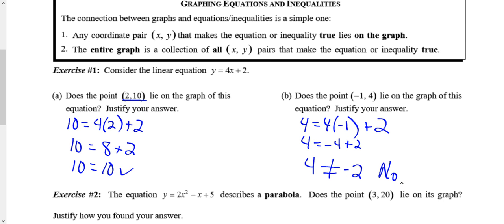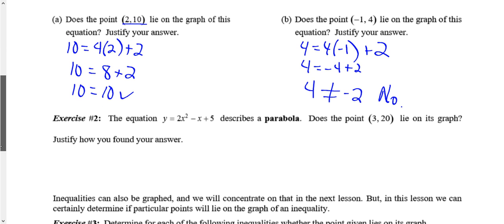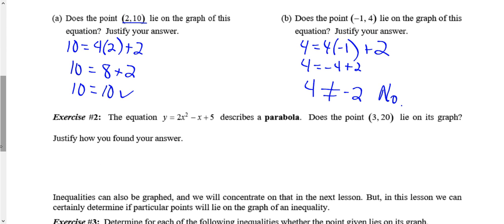Okay. Exercise 2, we have a different equation. Y equals 2x squared minus x plus 5. Everybody remember what we call that type of function? Is it linear? It is not. What do we call it? Starts with a Q. Nobody remembers? All right, quadratic, right?